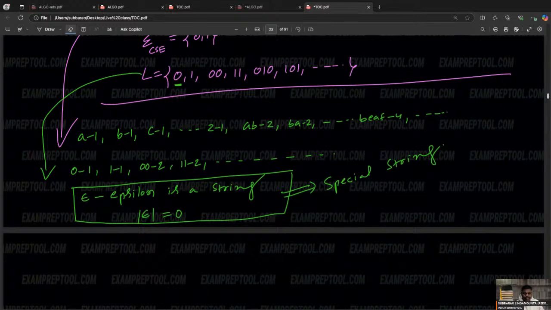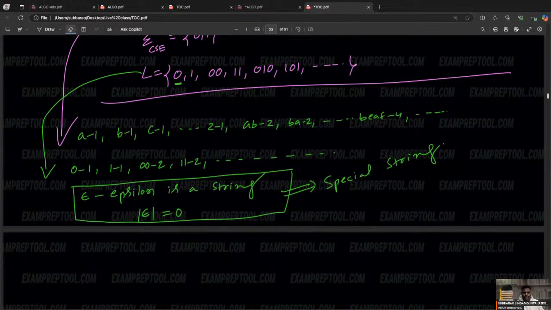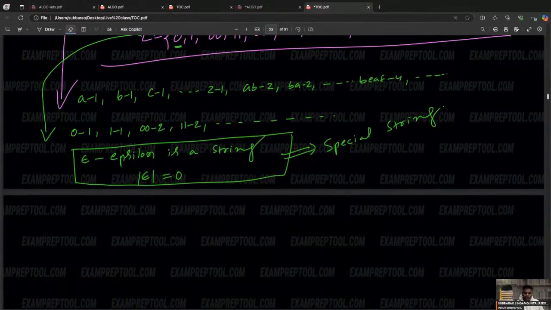If they don't say anything, it is epsilon only, because most books contain epsilon. Remember this, it is a very crucial point. I am writing so many stars here so that you remember.